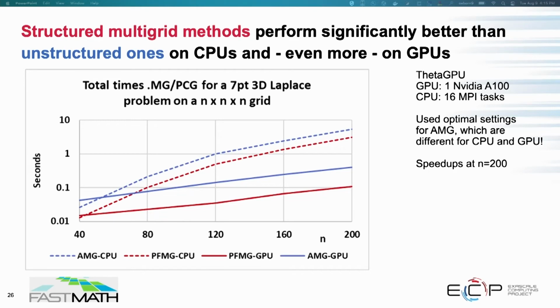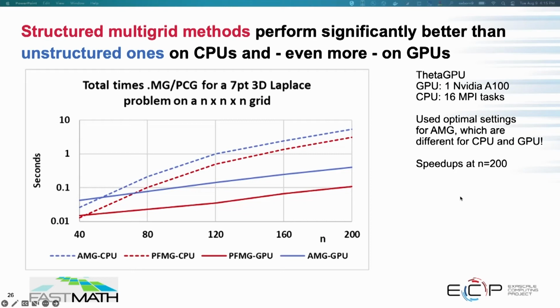So if we look at these results in more detail, the dashed lines are the CPU runtime, and the solid lines are for the GPUs, and then red is our structured multigrid PFMG, and blue is AMG.